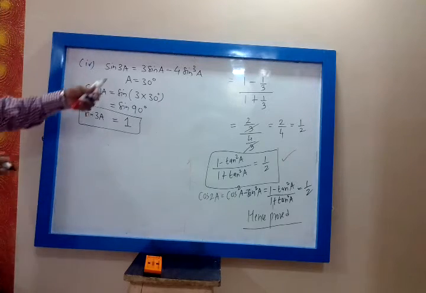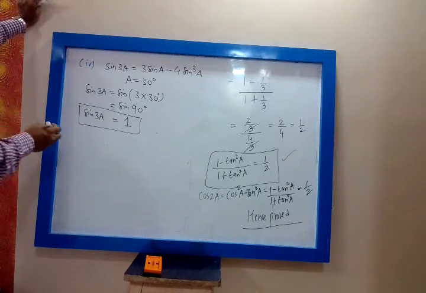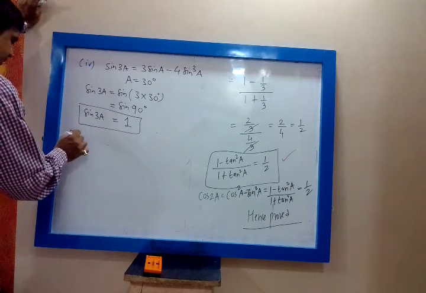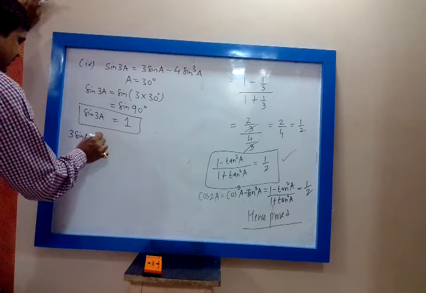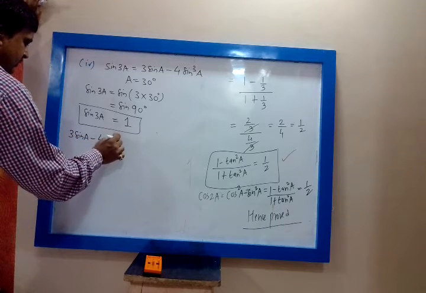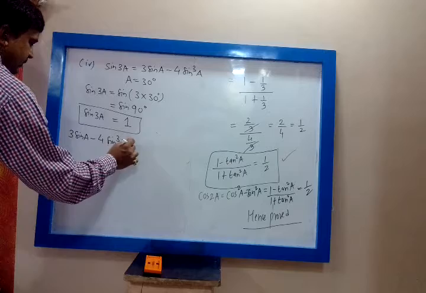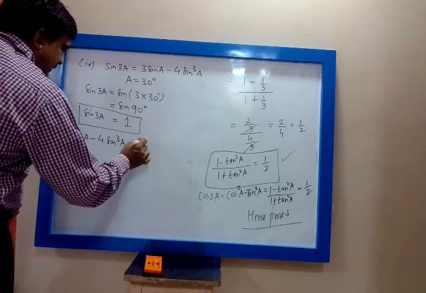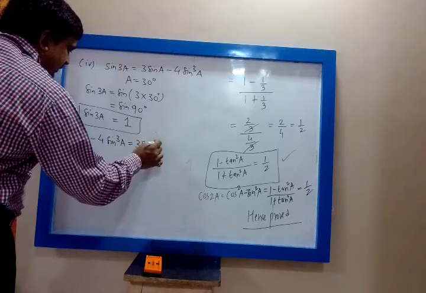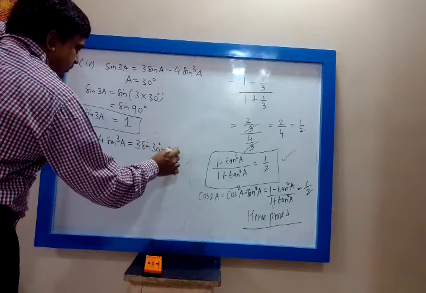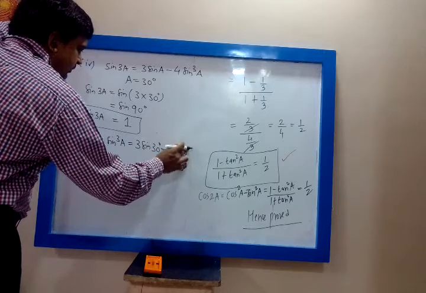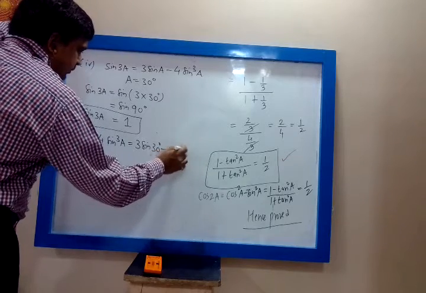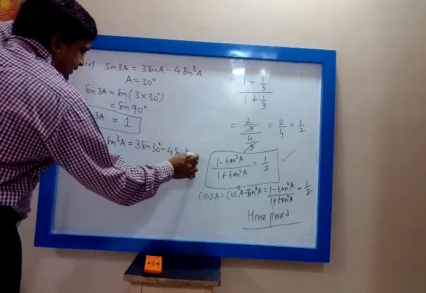Now find the value of 3 sin A minus 4 sin cube A. A is 30 degree.